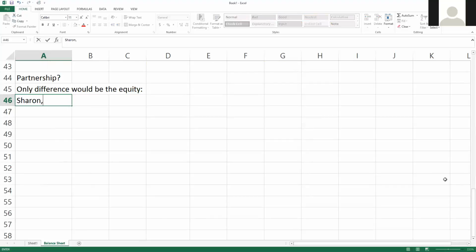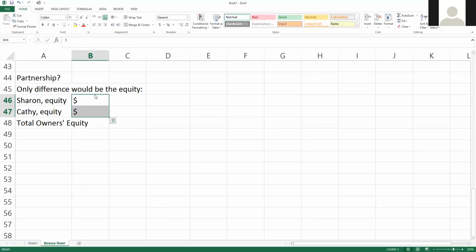Sharon, she would have her equity, and Kathy, she would have her equity. Our two partners would each have an amount of equity, and together that would make the total owner's equity.